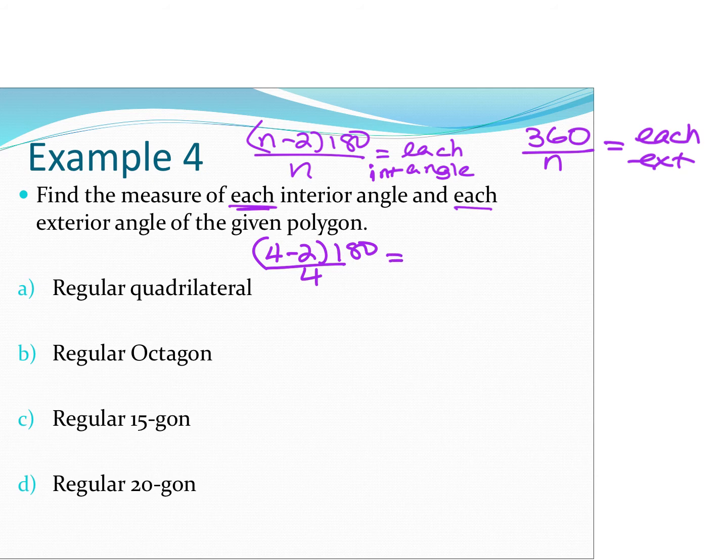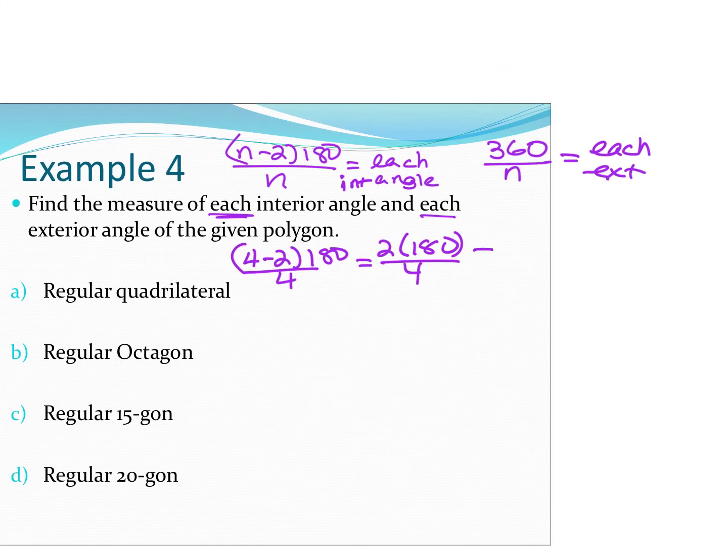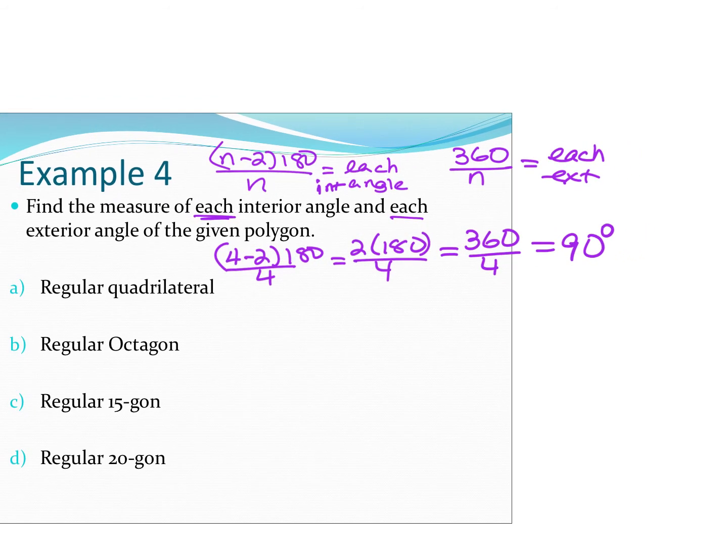And I'm going to get 4 minus 2 is 2 times the 180, divide by 4. Now, we're still not using calculators. You can either decide to go ahead and multiply this as it is and then divide. And the interior angles of your polygon are all going to be 90 degrees when it's a regular quadrilateral.